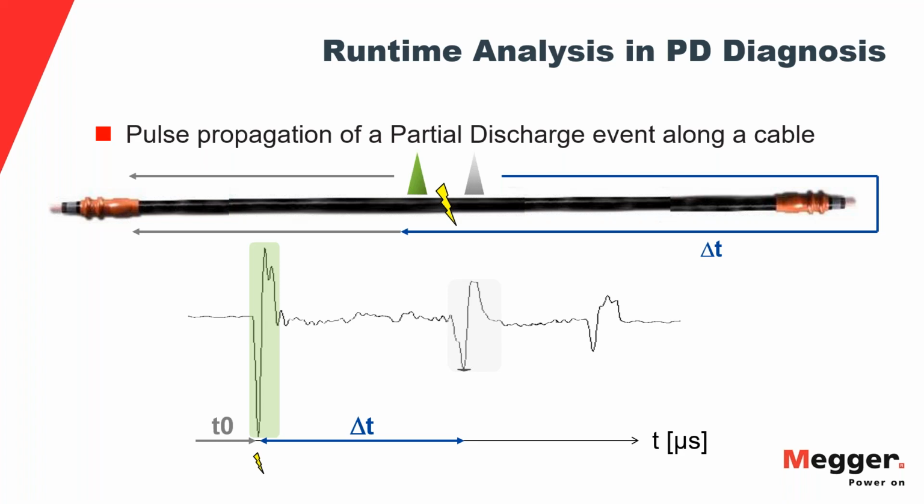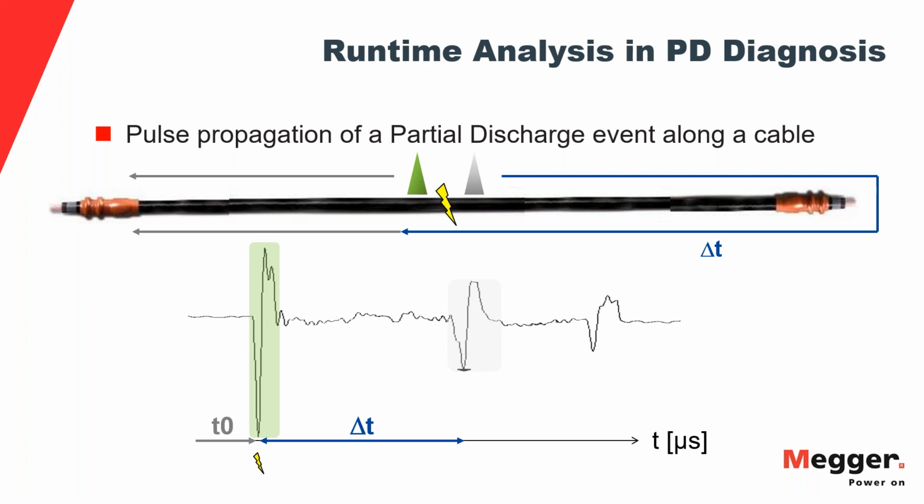You have the propagation of waves on cables, on low pass second order cables. And that means 50% of the pulse goes towards the detector, 50% goes to the far end, and then back to the detector. And based on this and the effect of dispersion and attenuation, you can calculate the location of the partial discharge.